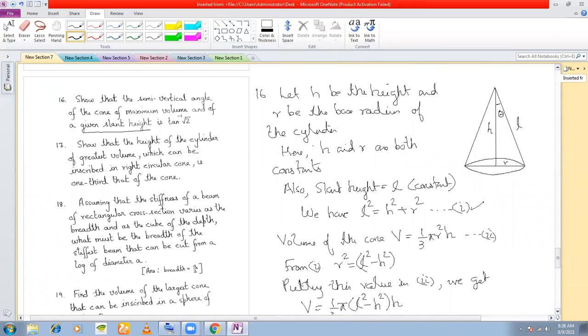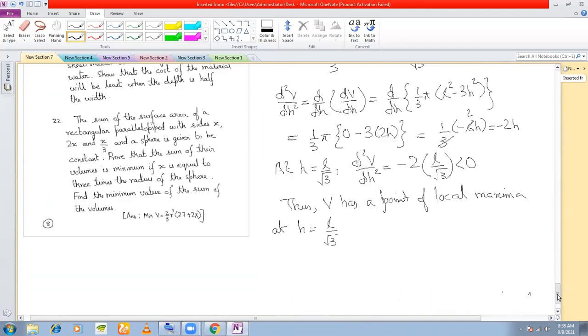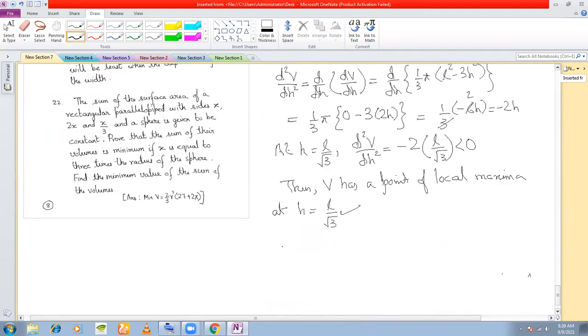Now we need to find this angle. Now if you see, the angle is in terms of tan. Tan theta is equal to r by h. R we have got, h we have got in terms of L. So from 1 we want to get r in terms of L. So from 1, L square is equal to h square plus r square. So L square is equal to L square by 3 plus r square.